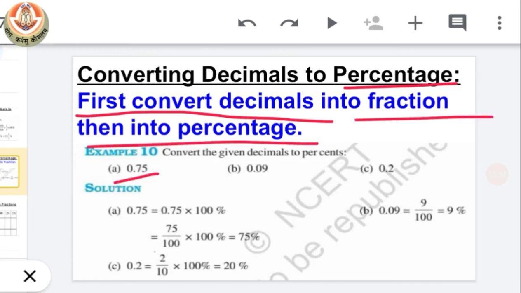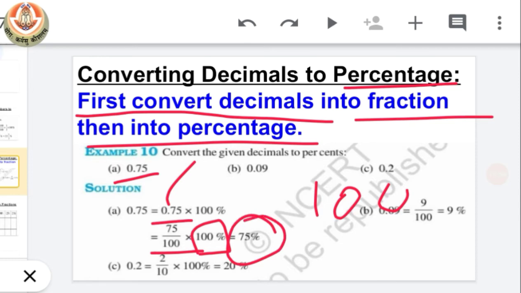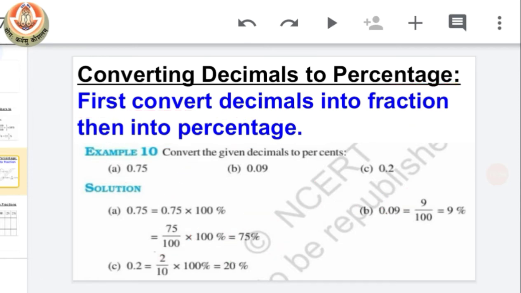Now we have a decimal, 0.75. First we convert it into a fraction by just removing its decimal point and putting 100 in its denominator. Now we multiply it by 100 and we get the answer in percentage.